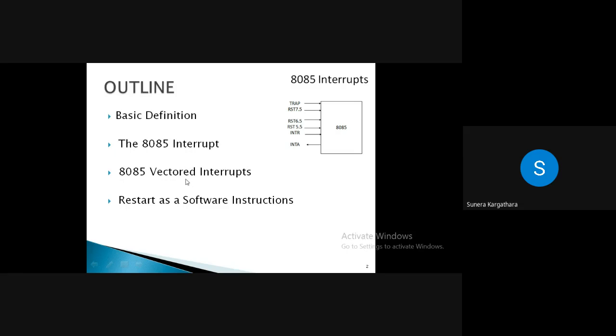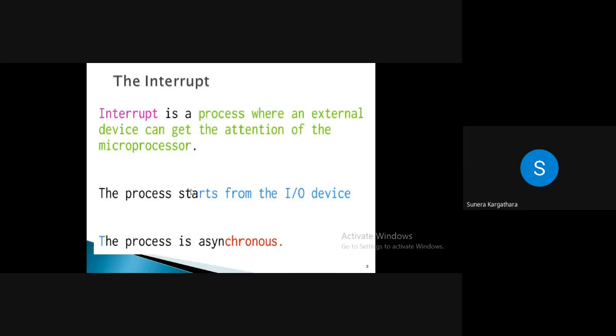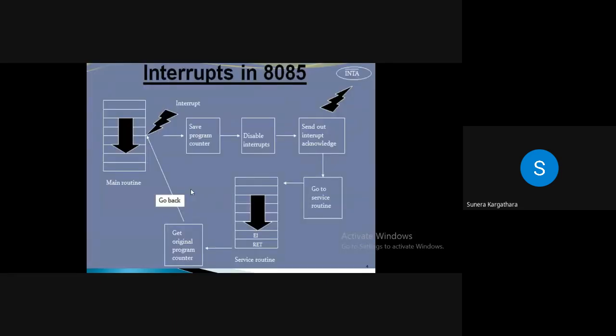In classification, we checked what a vectored interrupt is and what the equivalent vector address can be. Today we want to check some instructions. When you execute or read these instructions, you can accordingly mask or unmask the equivalent interrupt.